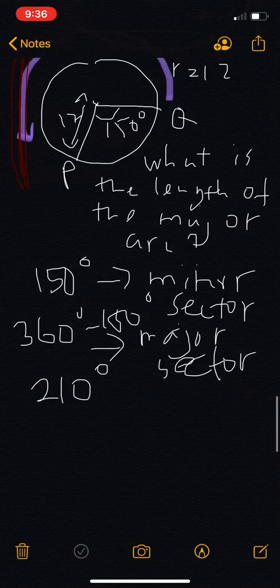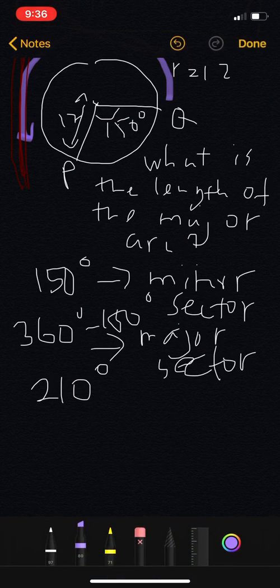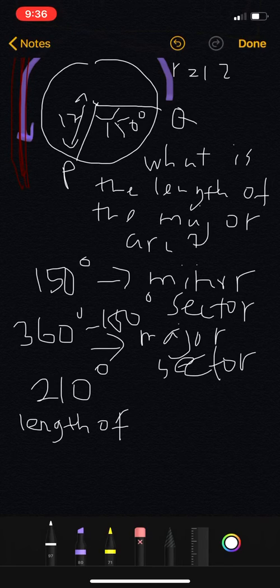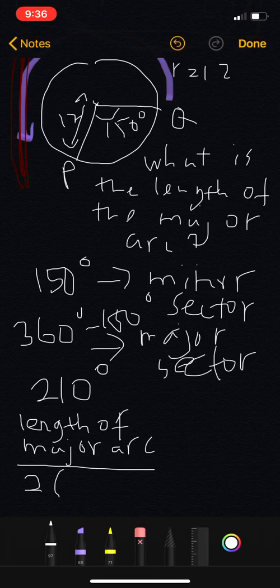Okay, this is our question. Length of major arc over the circumference 2 pi r.